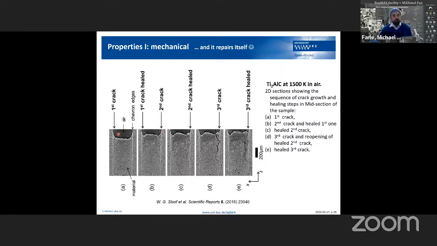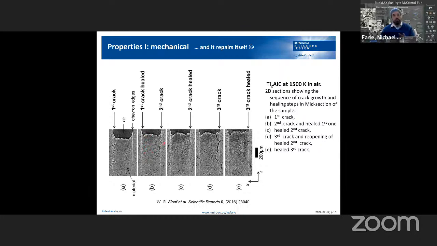Then they deliberately produce with a wedge a crack in air, and then they put it in an oven, heated at 1500 Kelvin in air. Imagine you take your hair dryer, and it makes 1500 Kelvin, and you heat the coating, and you see here was the crack, and the crack is gone.